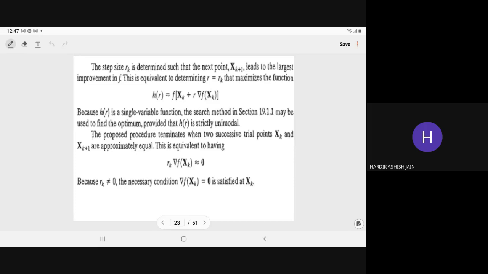So this is equivalent to forming the problem h(r) in terms of f at the new point. Now this h(r) becomes a single variable problem over the parameter r, and using the previous chapter's theory, we determine the optimum value of h(r).